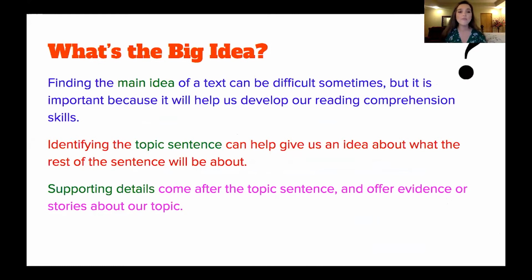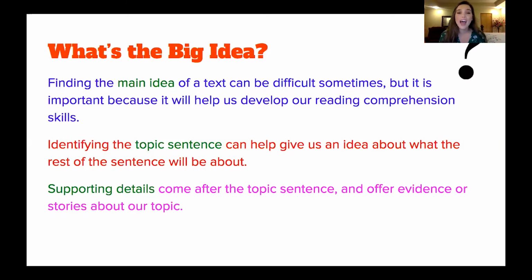So finding that main idea can be difficult, but it is important because it will help develop our reading comprehension skills. And what this means basically is if we are understanding the main idea of a text, what the author wants us to know or wants to get across to us, if we can identify that, then our reading comprehension, which means our understanding of what we are reading, is going to improve so much.